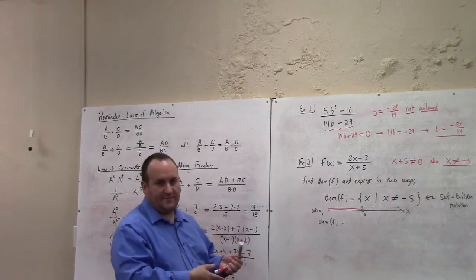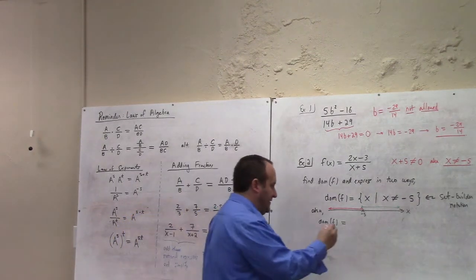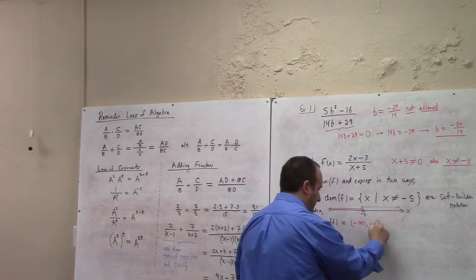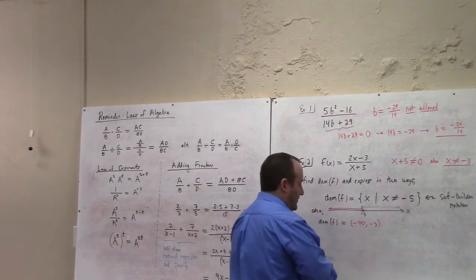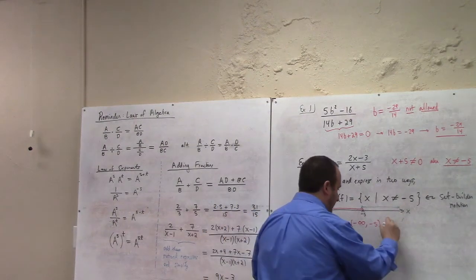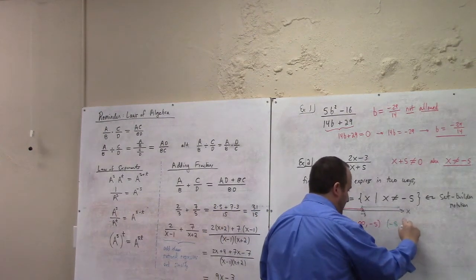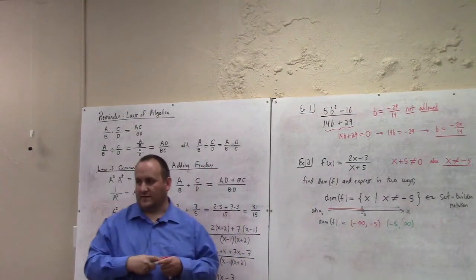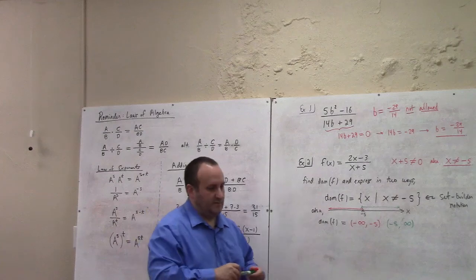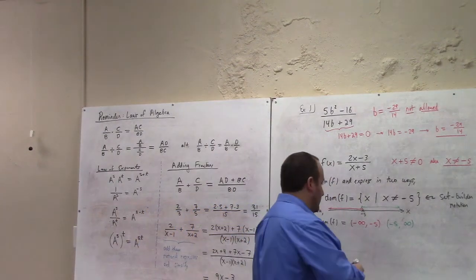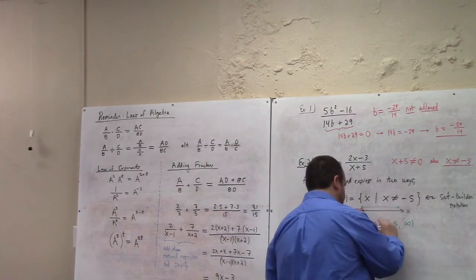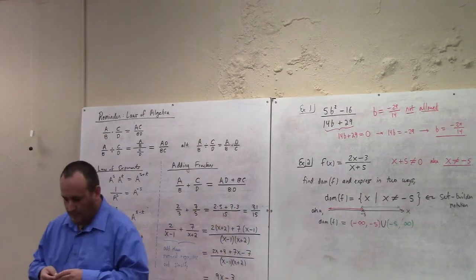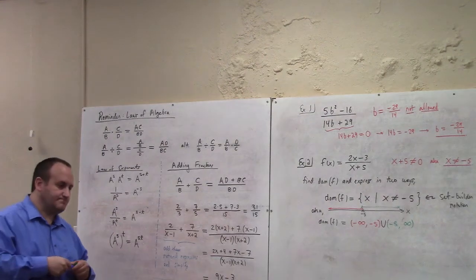To the left, that interval is minus infinity to minus 5. And then to the right, we have minus 5 to positive infinity. And we need to put those together. To do that, we use what's called the union, which is just a big U for union. There you go. That would be the domain in interval notation.